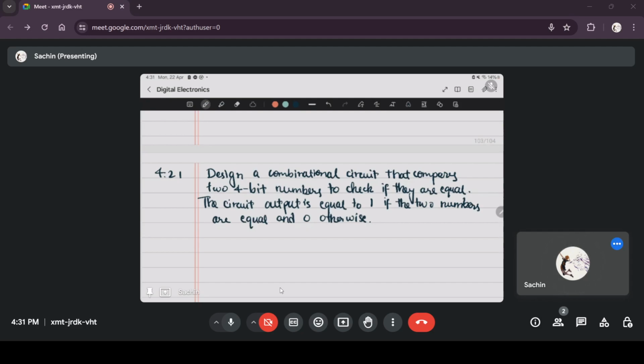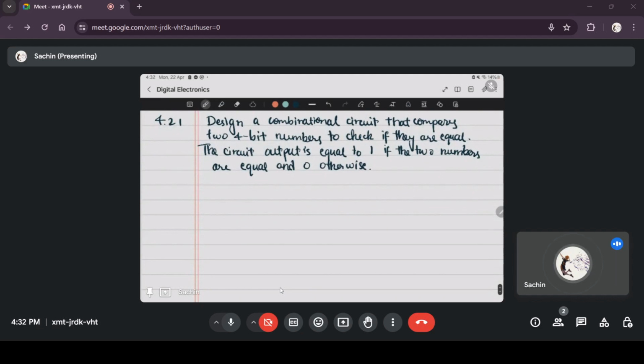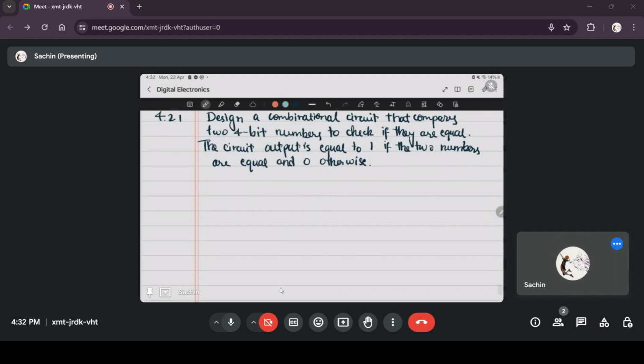So 16 possibilities for the first number and 16 possibilities for the second number, and in total 16 into 16, 256 entries in the input side. If you write the truth table directly, or what you can do is the following.